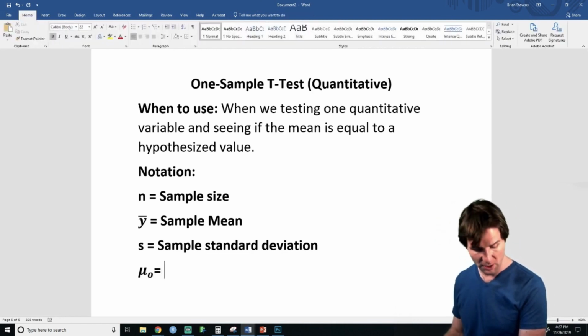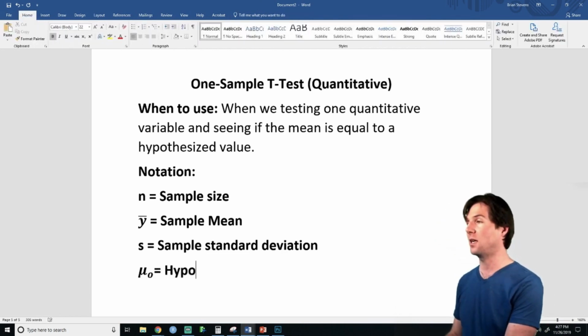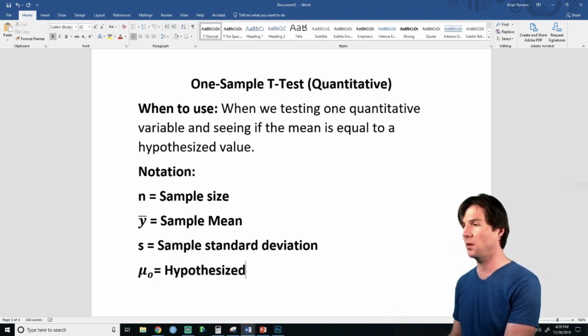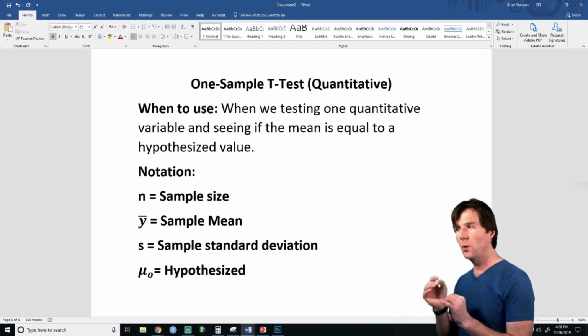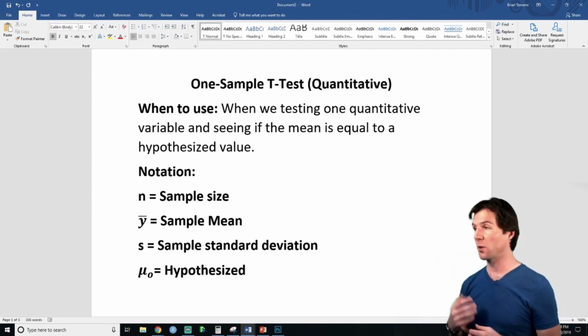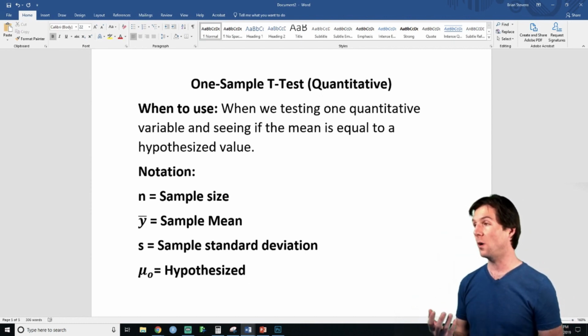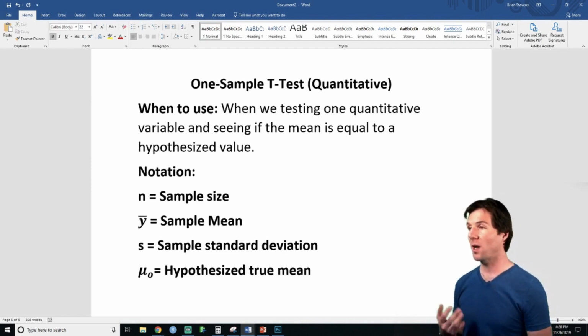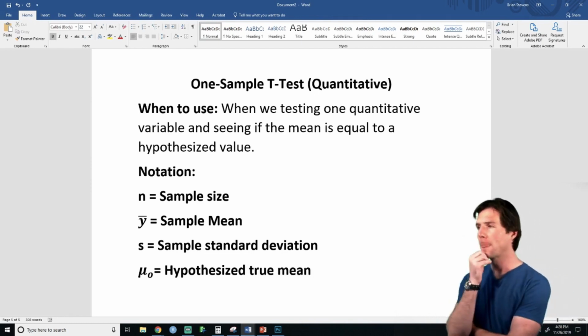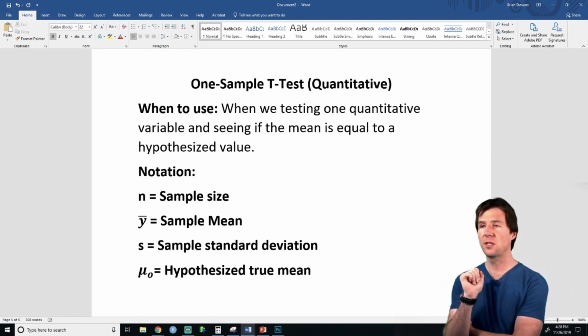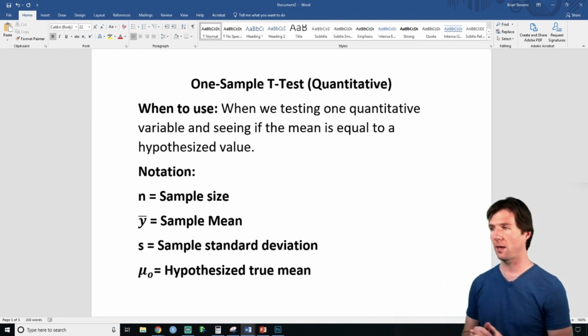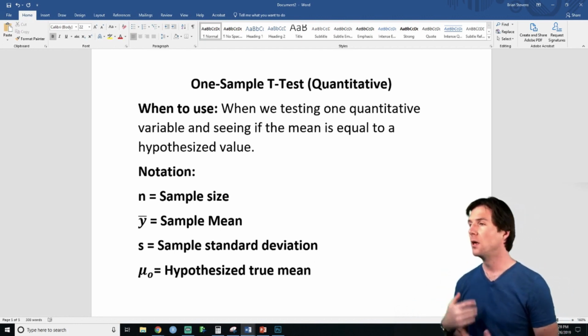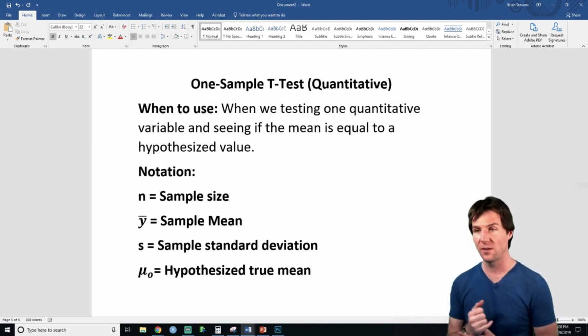This is the hypothesized. If you notice the theme of this, anytime we put that little naught right there, that is the hypothesized value we're going to say the mean is. So mu naught is the hypothesized true mean. And you could say hypothesized population mean. It's just like, okay, I'm going to say that it is true that students have $1,000 in their bank account. That's just what I'm hypothesizing is true. Then we're going to test that. So that's also the tested value.